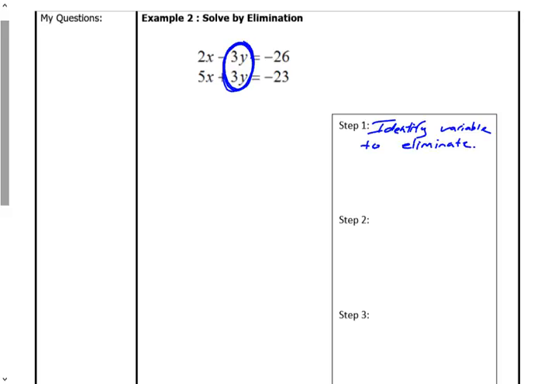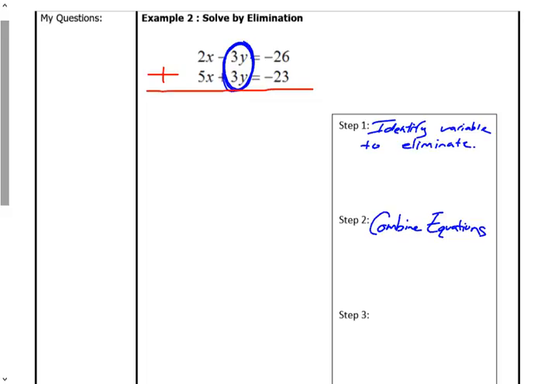So step 2, combine the equations. And what I mean by that is that we're actually going to take both of these equations and either add or subtract them. And we're going to add or subtract them based on the signs of those y's.